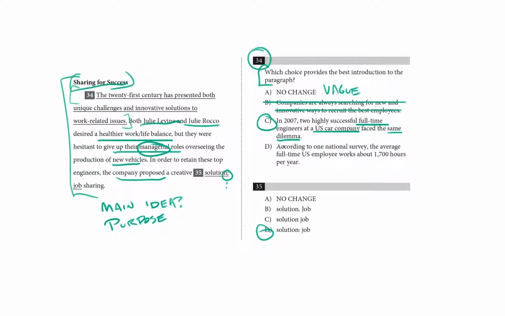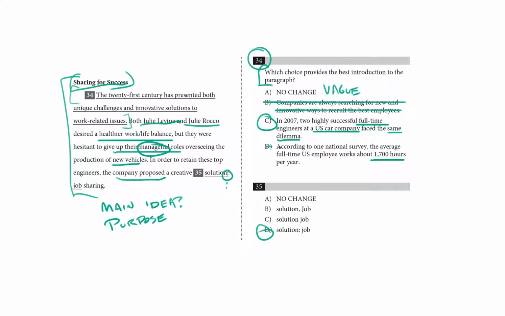I think this is our answer, but let's check choice D. According to one national survey, the average full-time US employee works about 1,700 hours per year. I'm sure that's true, but the question is, what does that have to do with the rest of the paragraph? You're looking for something that's going to focus your attention on the information to come, and not distract with information that is only tangentially relevant.